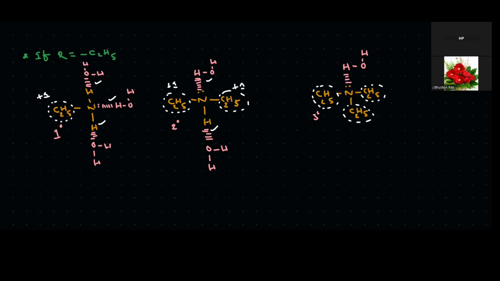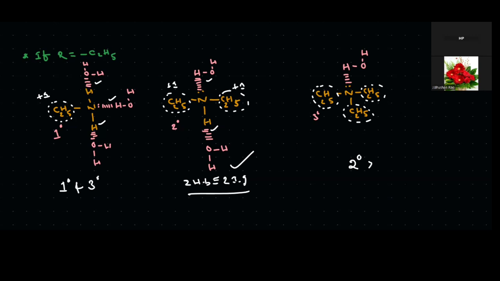So in the secondary, if you observe, two hydrogen bonds equal two inductive groups, so it is always more basic. Comparatively, for the primary and tertiary amines, which group is dominating more?